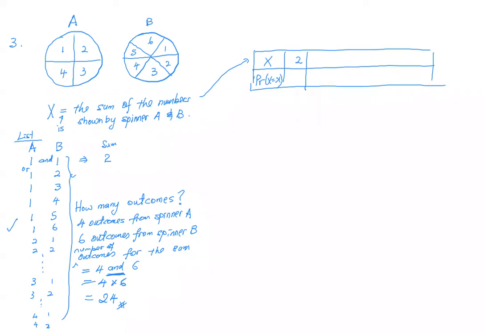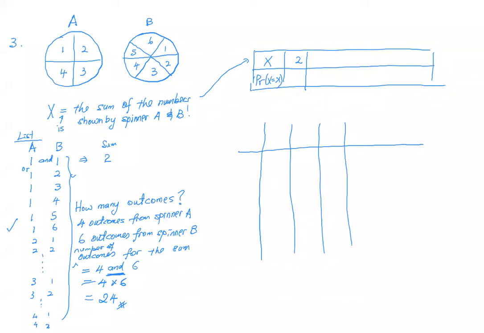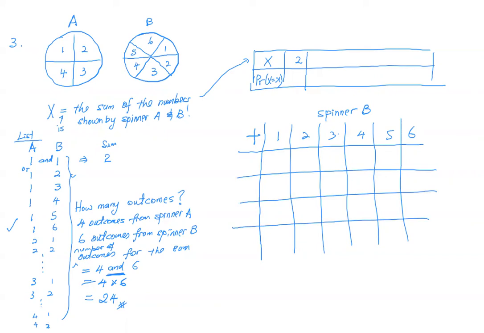Actually, if you have two things happening at one go, we can also use this chart to represent. So is this spinner A or spinner B? Spinner B. So what I should do is add. Now you start adding.